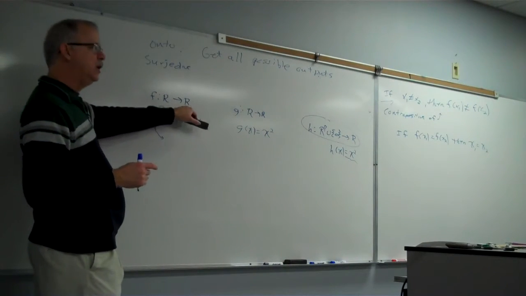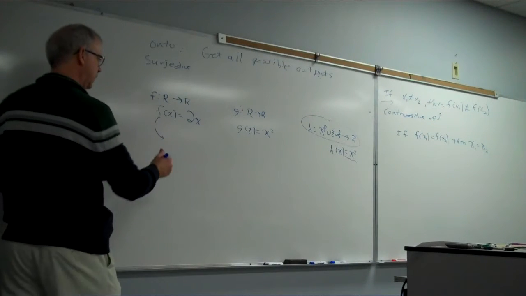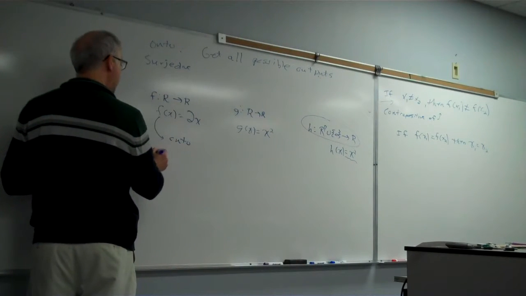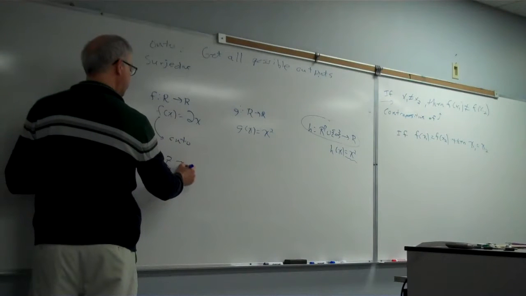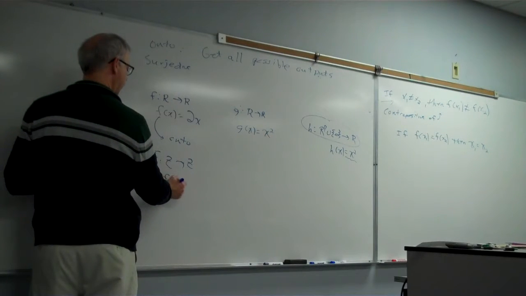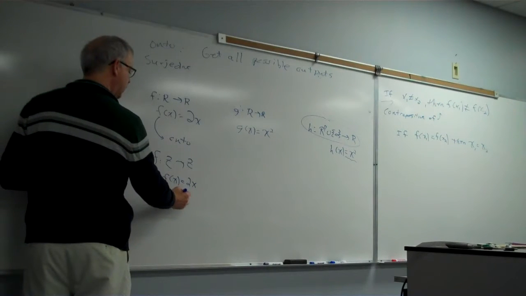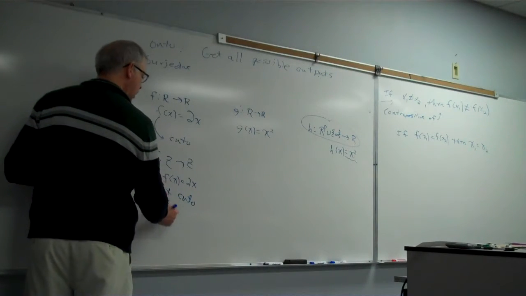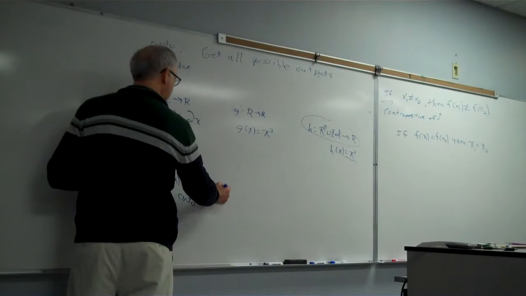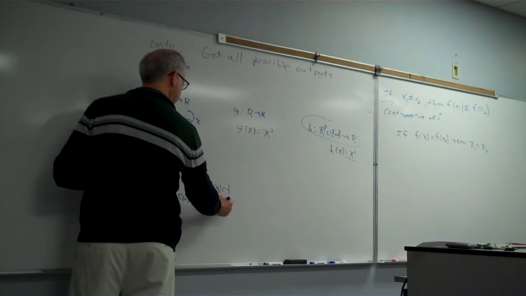So if it's reals to reals, I can. So this one is onto. But if I changed it to integers to integers, what you say is correct. This one is not onto because f of x equals 3 never happens.